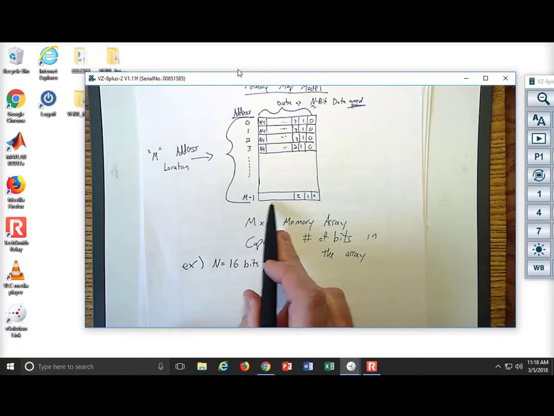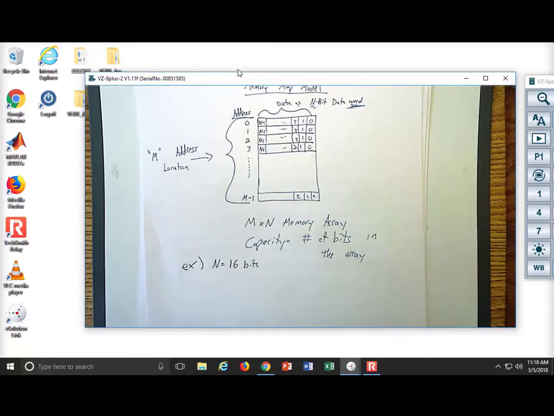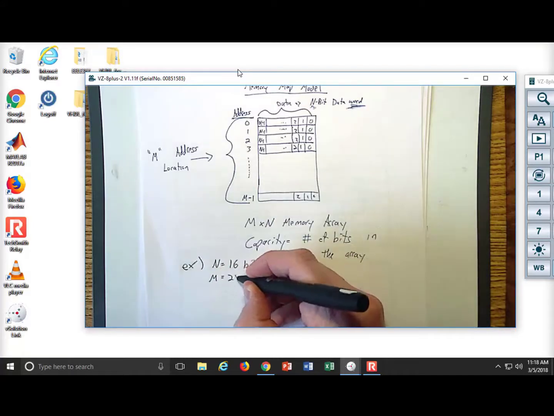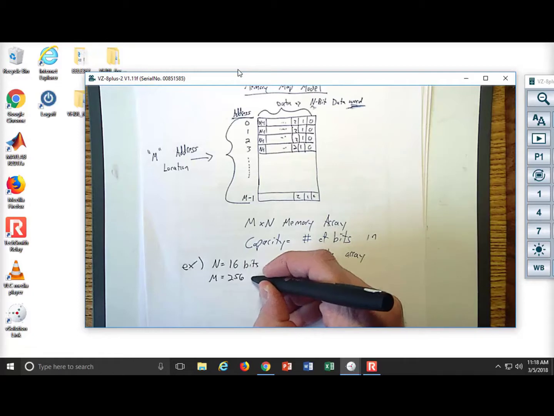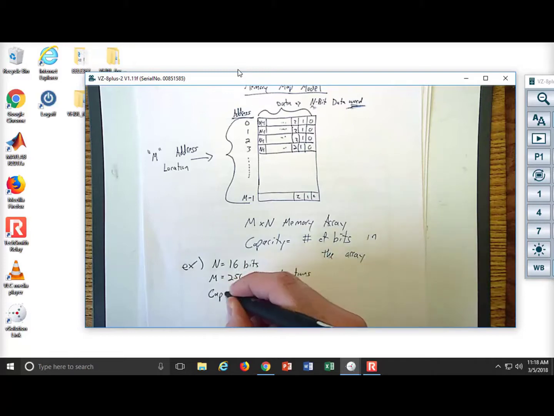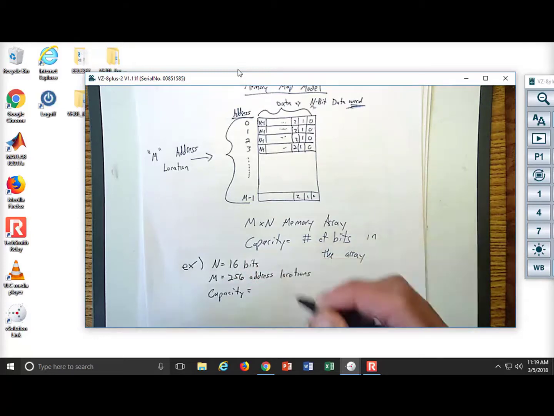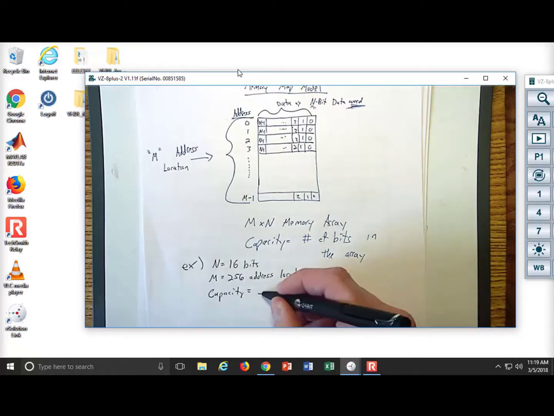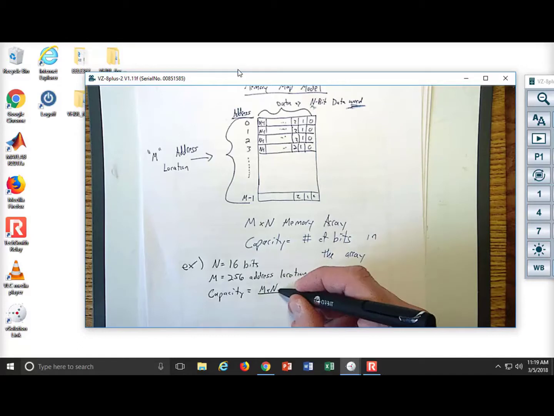That means it's 16 bits wide. You store information 16 bits at a time. Okay? And then M would be equal to, let's say, 256, and this would be 256 address locations. And if I asked you what's the capacity, you would say something in bits. And so this would be M times N, which is equal to 256 times 16.